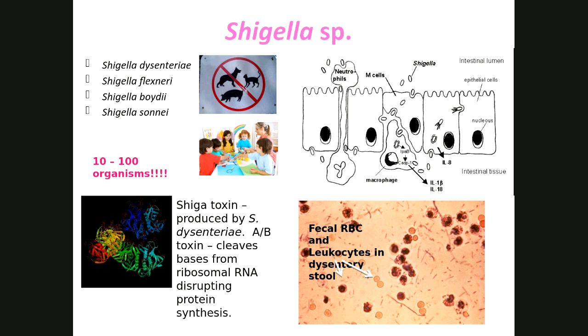They invade the large intestine and bring about an inflammatory reaction. But Shigella dysenteriae, in addition to that, produces the Shiga toxin, which is similar to the Shiga toxin produced by enterohemorrhagic E. coli. So, by definition, Shigella dysenteriae is also capable of causing hemolytic uremic syndrome. I just wanted you to understand this.